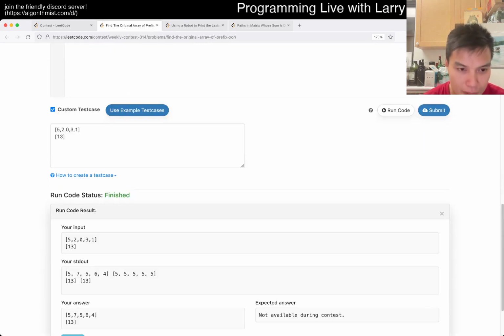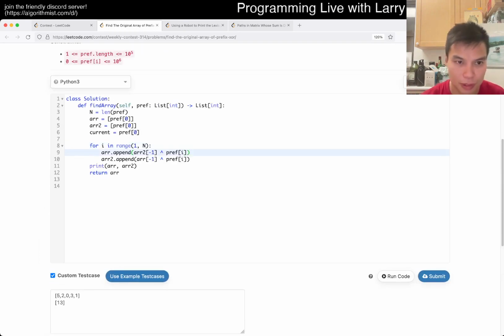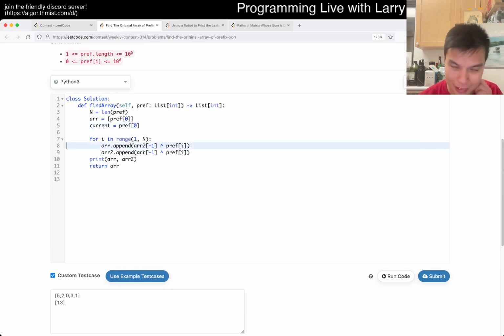We have 7 here, right? So this part is good for now. I am so bad at this particular one. Okay, so then current, and then arr2 is equal to arr. Oh, because this is wrong, or whatever.